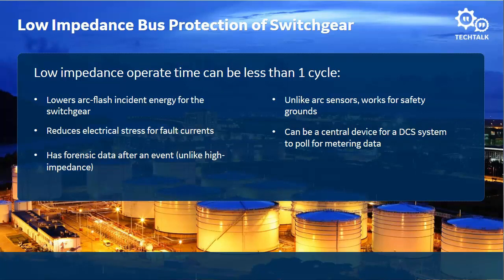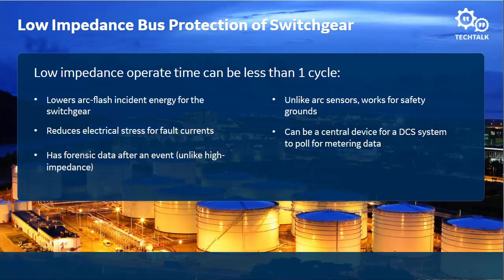And because all the currents connected to a bus are wired to that low impedance bus differential relay, not only does it give us forensic data, but it gives us a centralized device for a DCS system to poll for metering data. So it can become like a data concentrator for those currents.